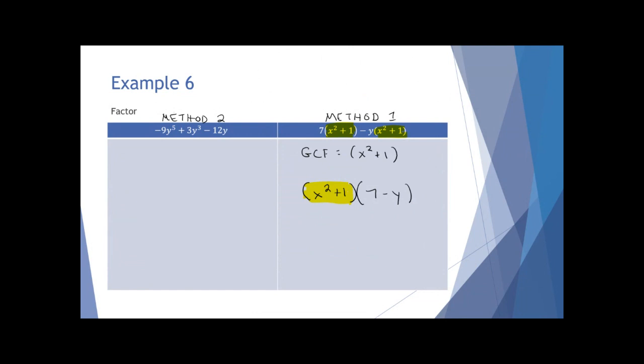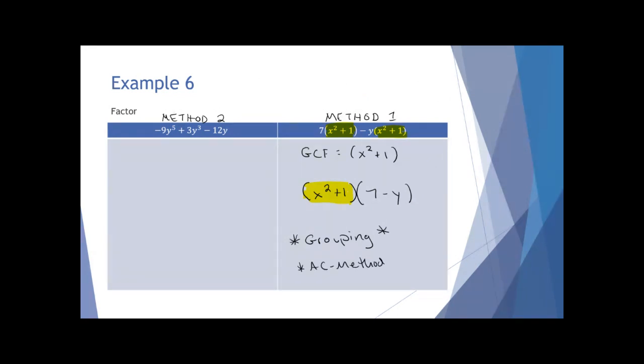What we just did here is generally called grouping, or it's part of the grouping process. It's not the whole grouping process, but it's the pattern you get when you use grouping. And this is also used when we use the AC method.